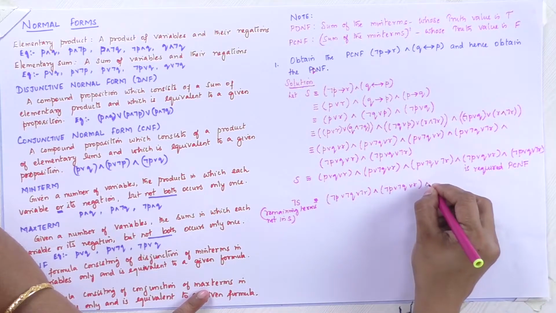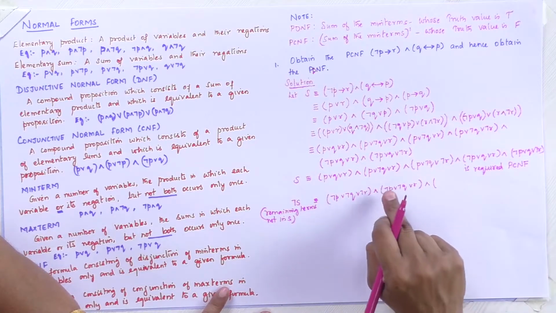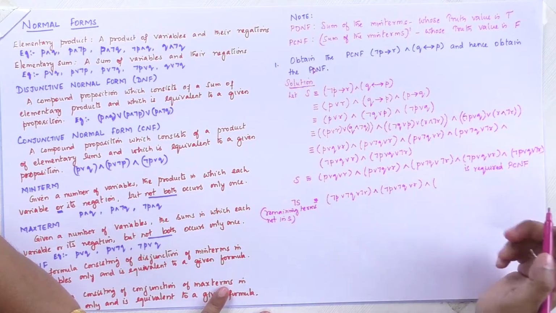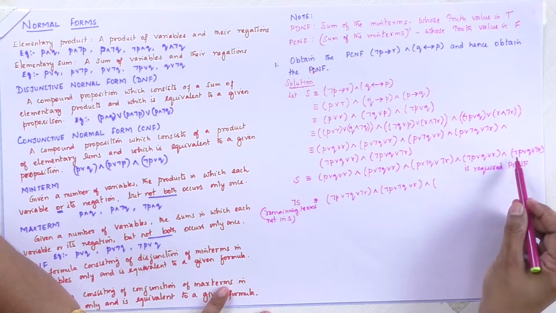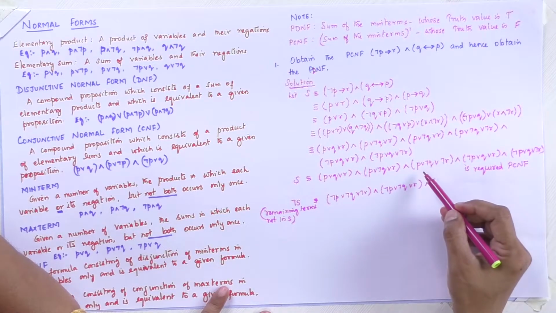And one more term is also missed out, so I will have to find that term. Not P, Q, R is here. Then P, not Q, R is also here.